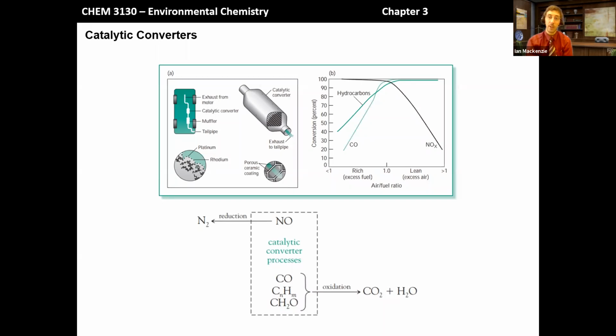And it also takes any partially oxidized or unoxidized hydrocarbon species, anything that's escaped the engine without being CO2, and oxidizes them further up to CO2. And so it fulfills two purposes. It reduces NO emissions and reduces VOC emissions at the same time. And this has led to a dramatic improvement in air quality in urban centers where vehicle traffic is particularly high.